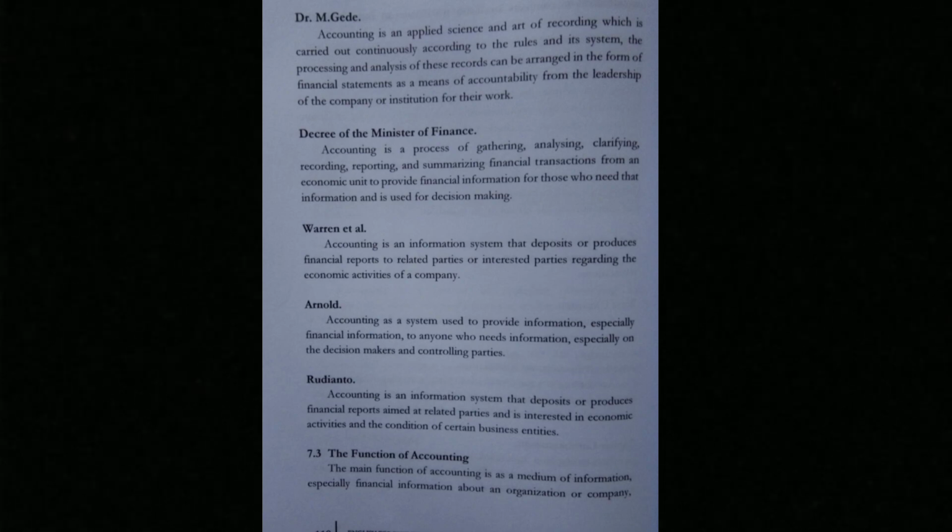Warren et al.: accounting is an information system that produces financial reports to related or interested parties regarding the economic activities of a company. Arnold: accounting is a system used to provide information, especially financial information, to anyone who needs information, especially the decision makers and controlling parties.